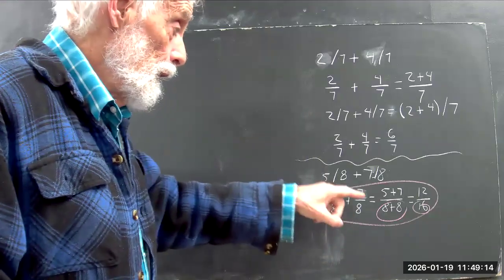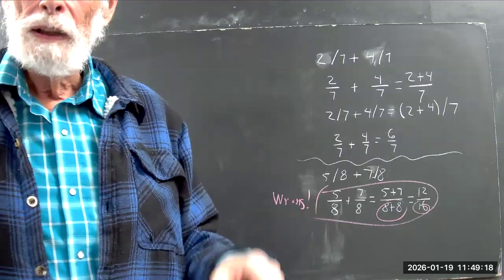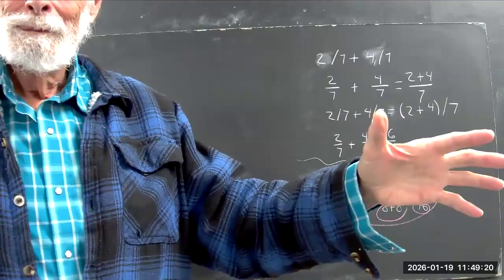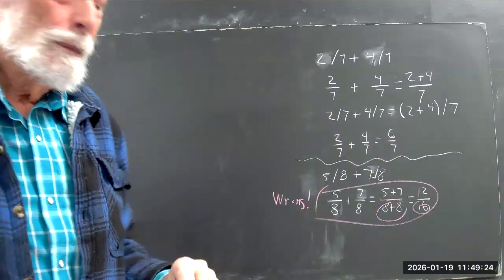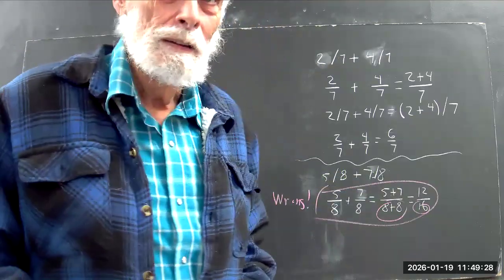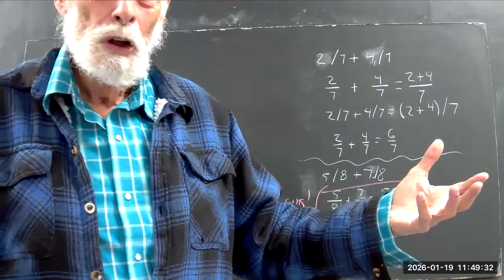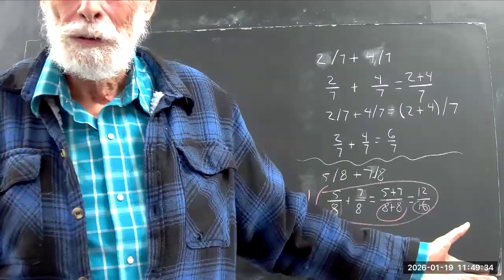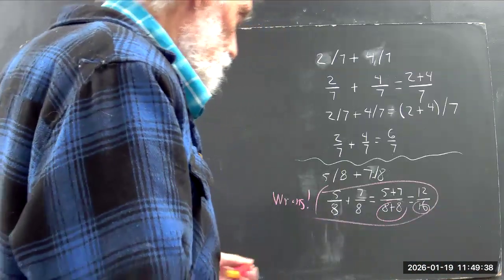So this is bigger than a half, this is bigger than a half, which means when you add them, you've got to get something bigger than 1. If you add a half and a half, you get 1. But look over here, I got 12/16. Is that bigger than 1? No, makes no sense, right?